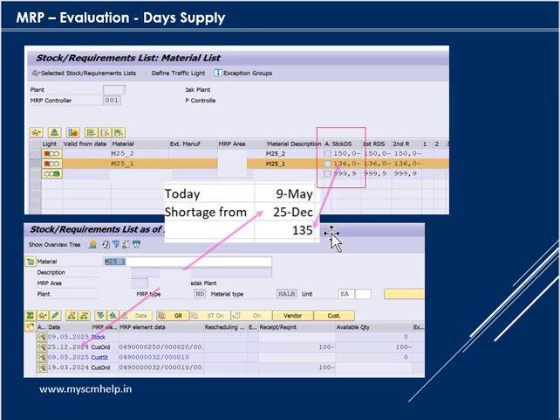At max, it gives you 135. 136 is coming because the system also considers the 25th, that day also, as a day to be counted. This is a simple way for us to understand. In this case, the system will not consider any receipt. That is why this is called stock day supply without receipts.